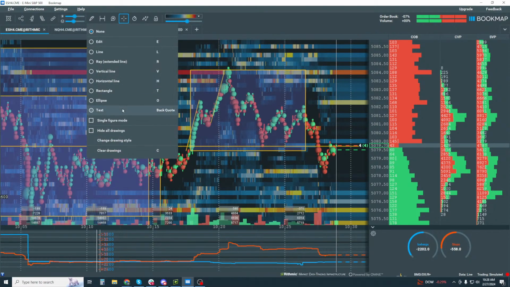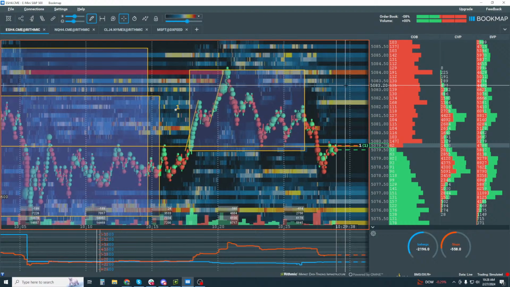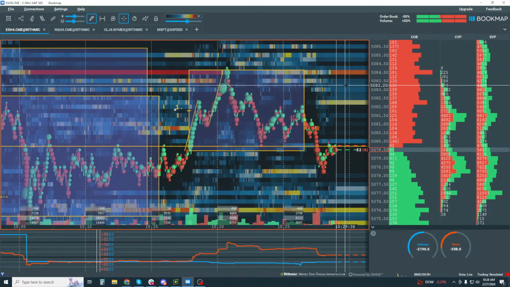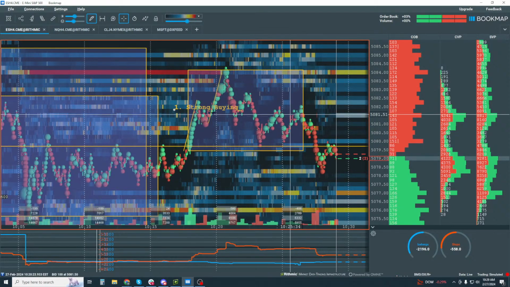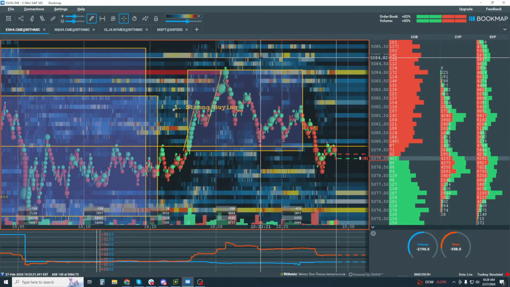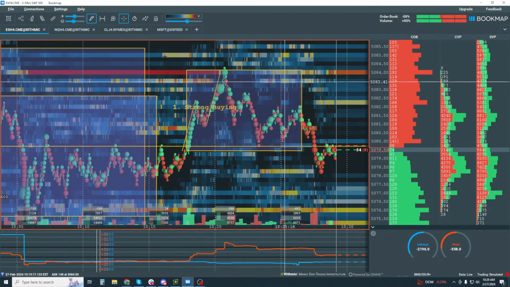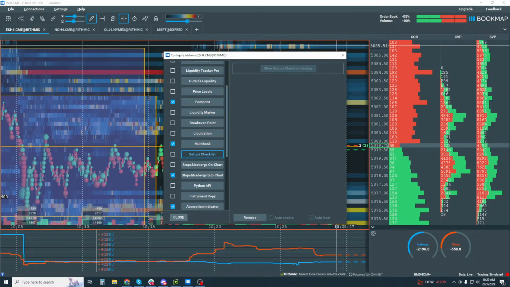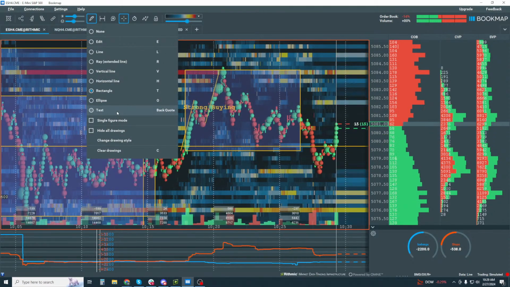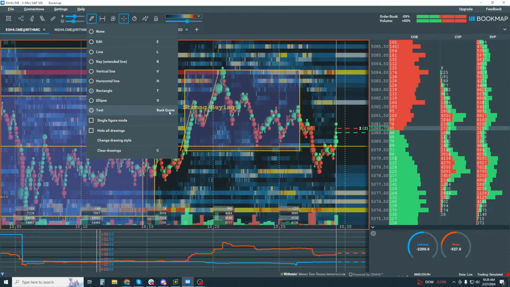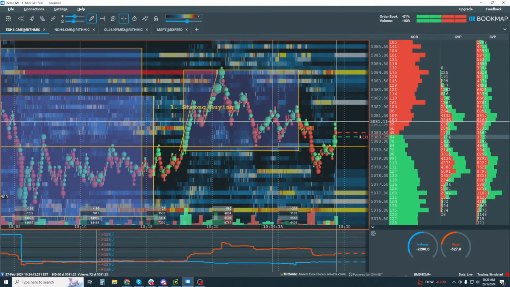All right, so in our drawing tools, we'll just use text, and we'll just say we had number 1, strong buying. All right. Number 2. I don't think I have this as a back quote. Okay, so the back quote key. Which one that is?